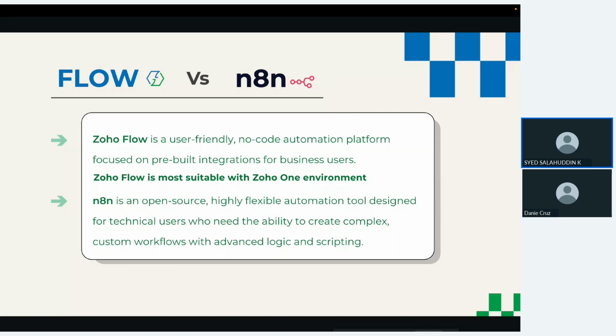So it is most suitable for the Zoho One environment, whereas n8n is an open source, highly flexible automation tool, designed specifically for technical users who need the ability to create complex or custom workflows with advanced logic and coding and all.